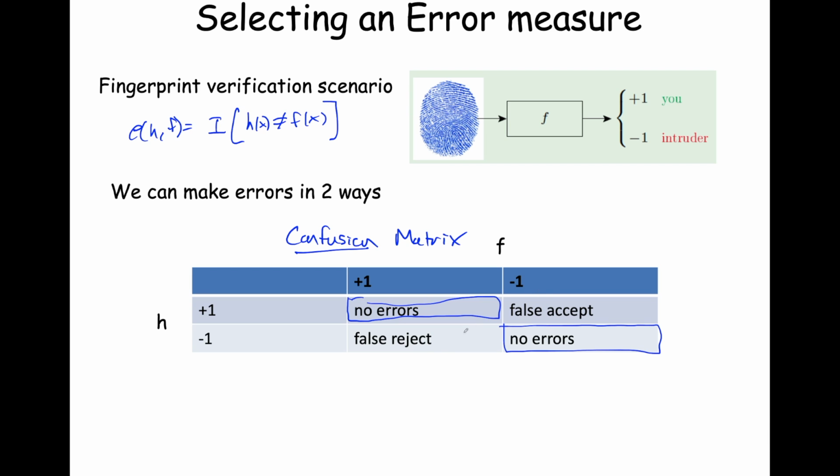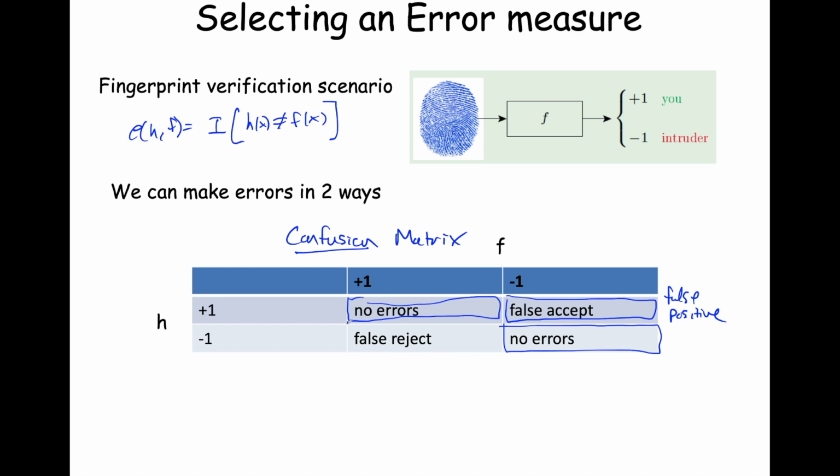Let's contrast this with the off diagonal for the confusion matrix. If we look at the upper right-hand entry of the confusion matrix, we see that the ground truth target function says this fingerprint input, that's an intruder, but the hypothesis has said it's you. That's a so-called false accept or false positive.